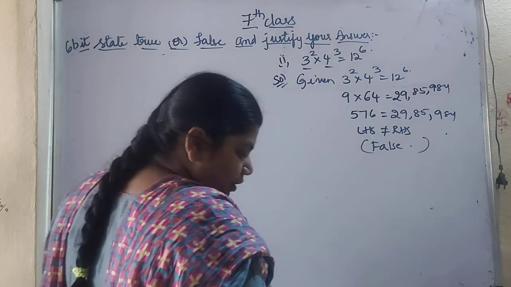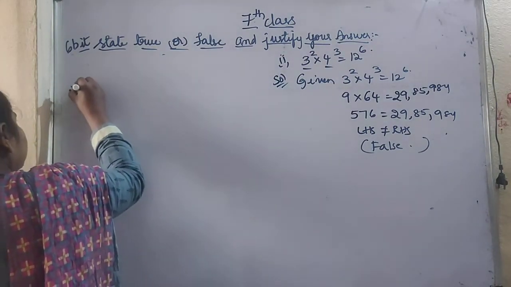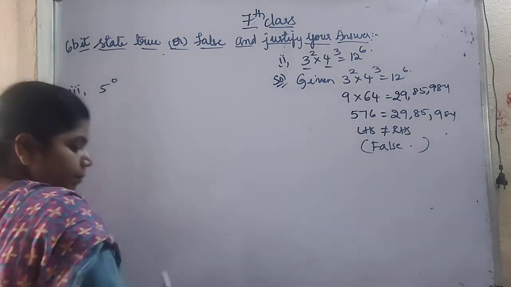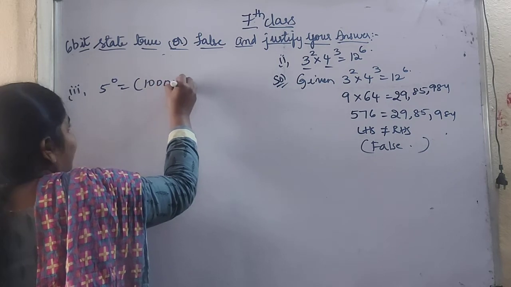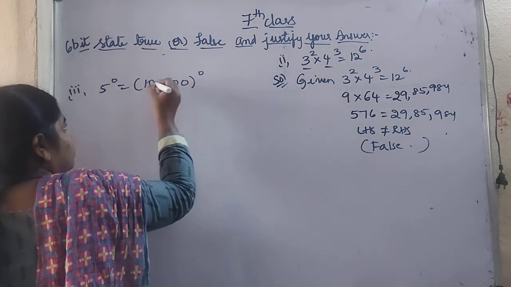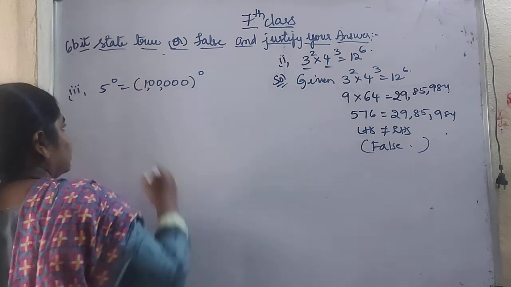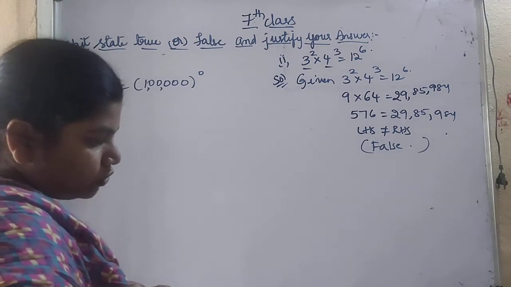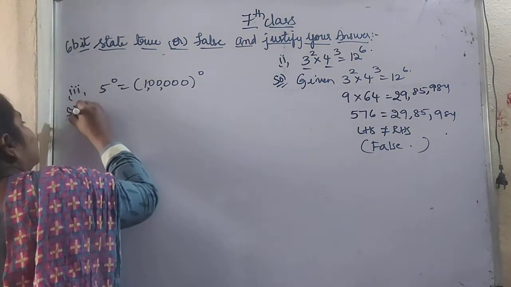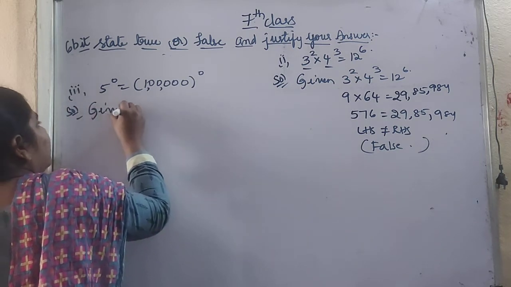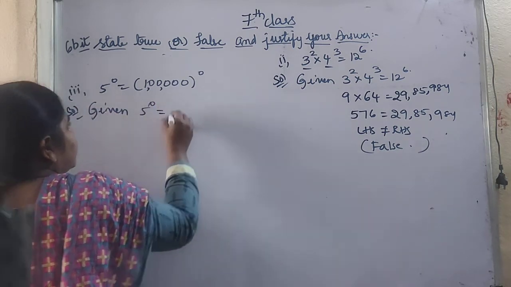The third statement is 5 power 0 is equals to 10 lakhs to the power of 0. Which law can you apply here?